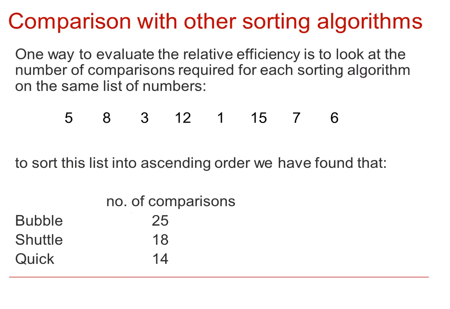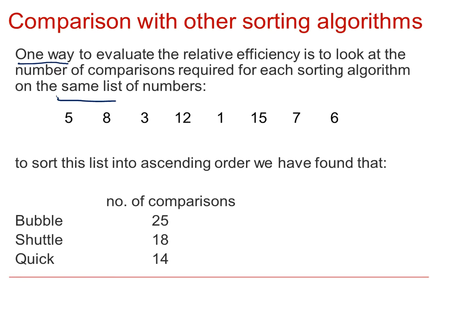So just one way to evaluate the relative efficiency is to look at the number of comparisons required for each sorting algorithm on the same list of numbers. And we found that bubble was 25, shuttle 18 and quick 14. So it looks as if the quicksort is the most efficient.